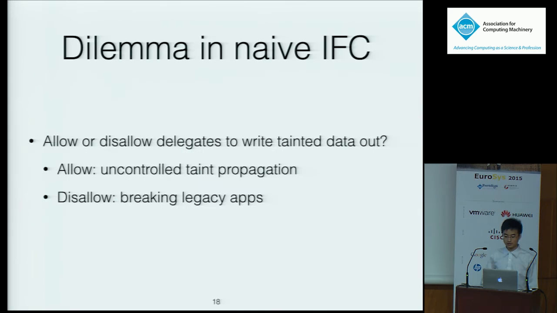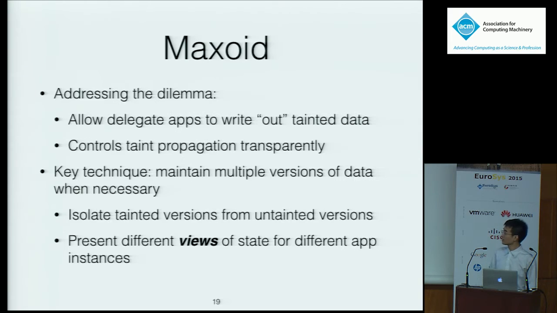In summary, there's a dilemma in the naive information flow control. If we allow the delegates to write tainted data to the public state, there will be the problem of uncontrolled taint propagation. But if we disallow, legacy apps will break. So to address this dilemma, we present Maxoid, which is a new way to do information flow control for a mobile platform. It still allows delegates to write tainted data to a public state in order to avoid disruption.